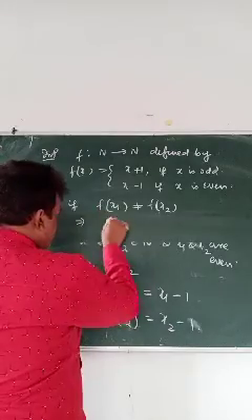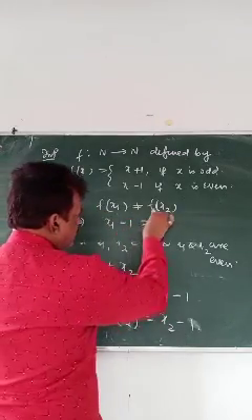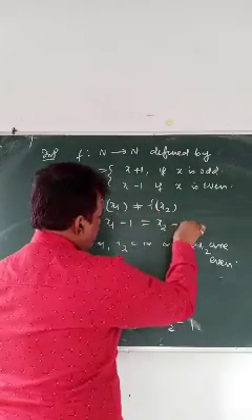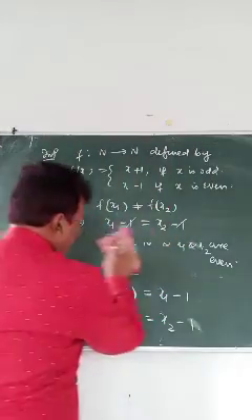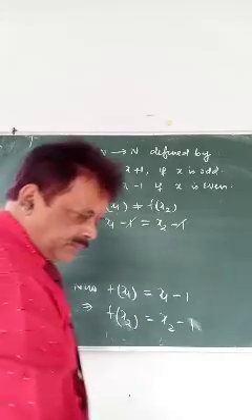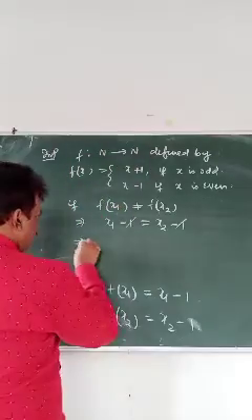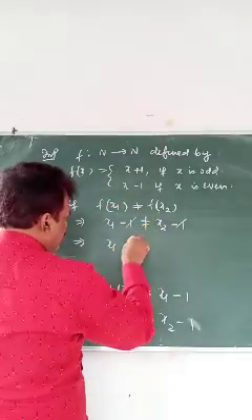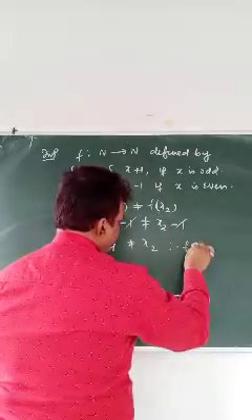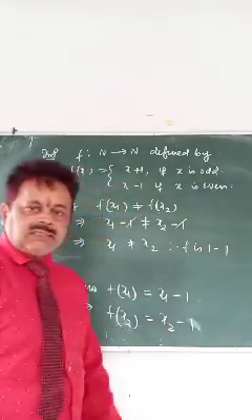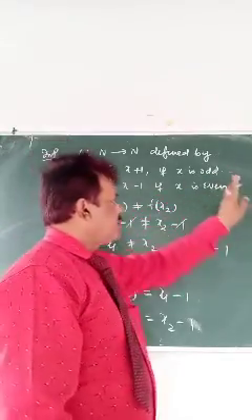So what is f(x1)? x1 minus 1. What is f(x2)? x2 minus 1. This gets cancelled, which implies x1 is not equal to x2. Therefore, f is 1-1, when both are even numbers.